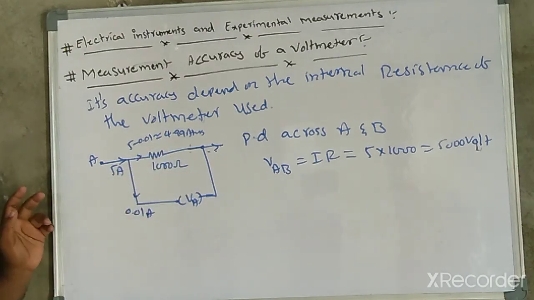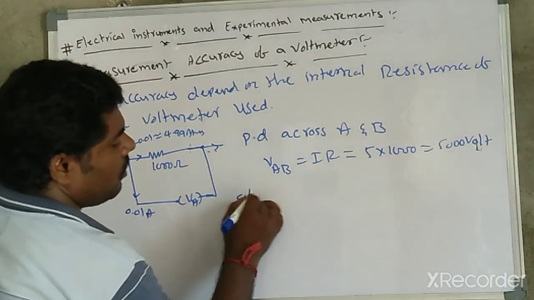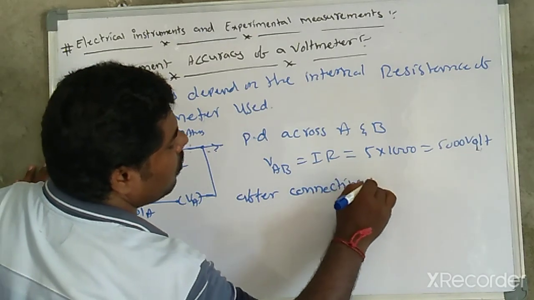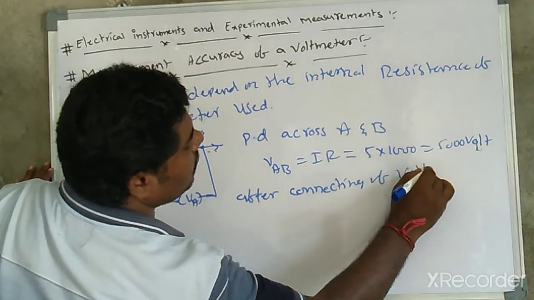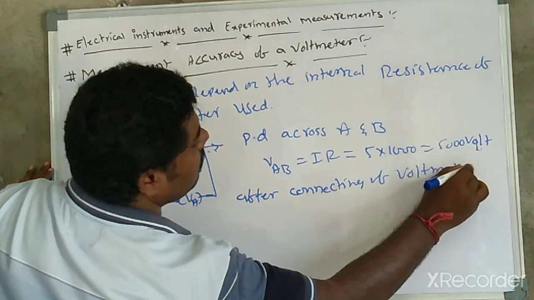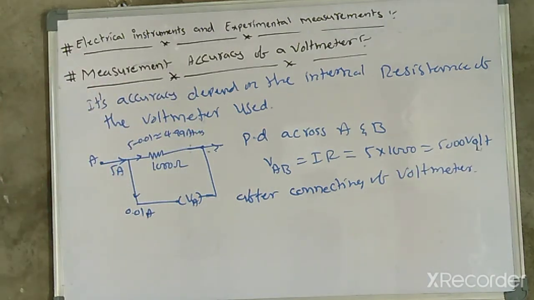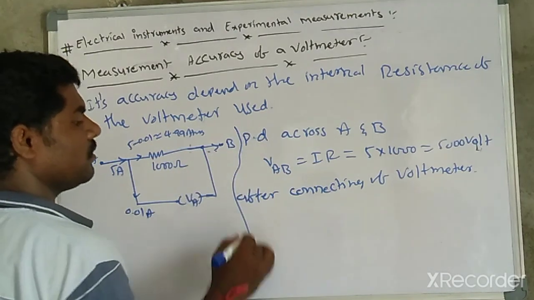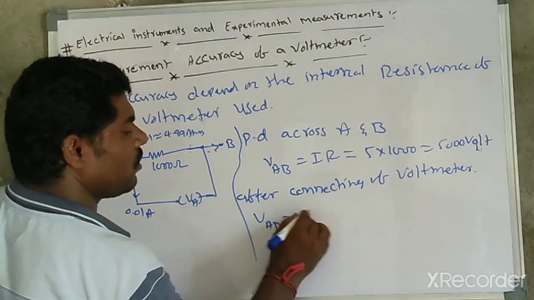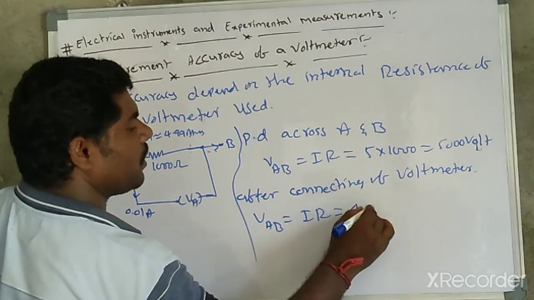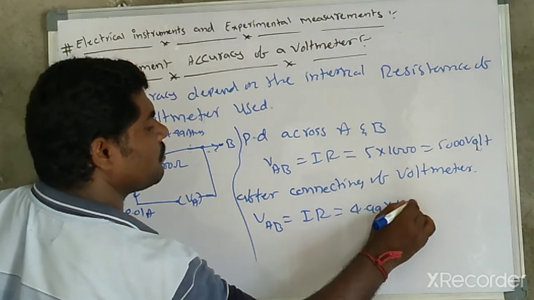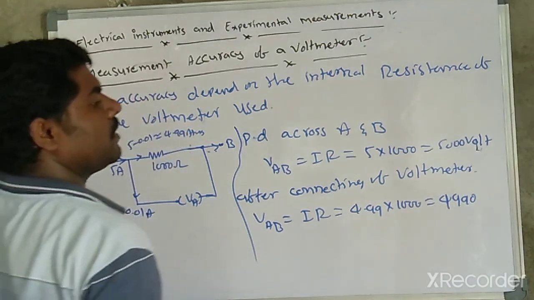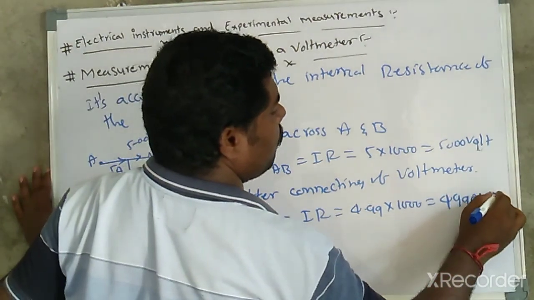So after connecting the voltmeter, between this terminal VAB, VAB is equal to I into R. The I value here is 4.99, into R which is 1000, that should be equal to 4990 volts.